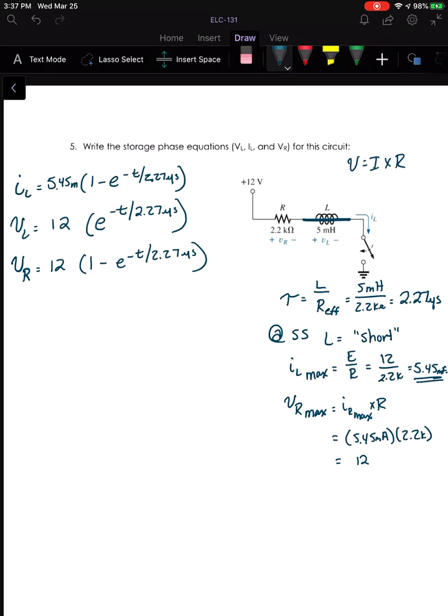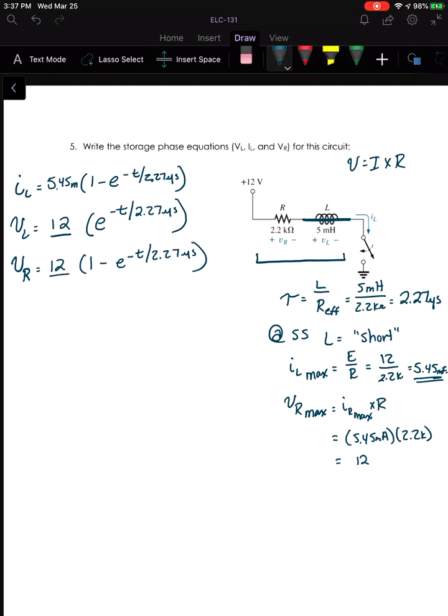Okay, so basically what's happening, we've only got these two components in our circuit. So they're going to kind of divide the voltage throughout that entire storage phase. So when the voltage across the inductor starts at 12, the voltage across the resistor will be 0 at that point.